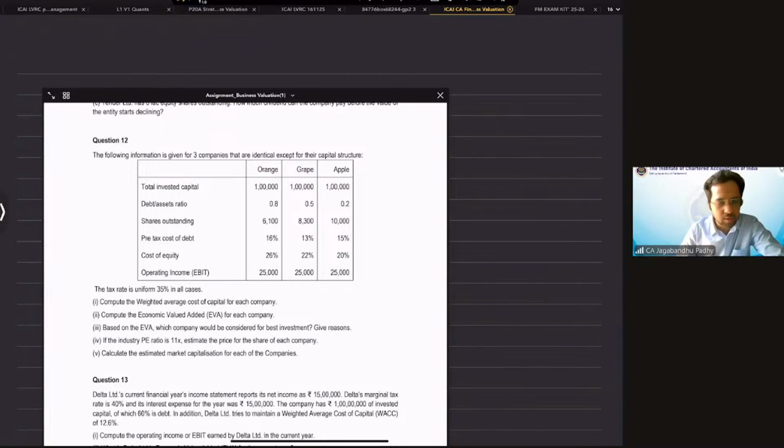Then we have to get the weighted average cost, which is Ko, and then we have to get the EVA. And also we have the EBIT. From that EBIT, we have to reach up to PAT and then EPS, and then multiply by the P/E ratio to get the market price per share. Just try to solve it, guys.